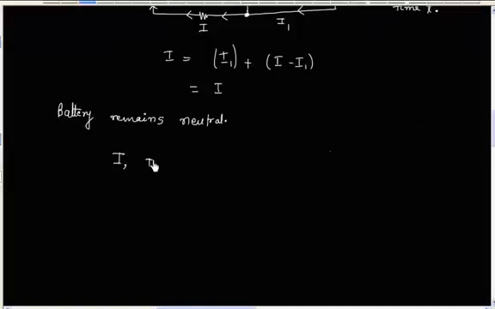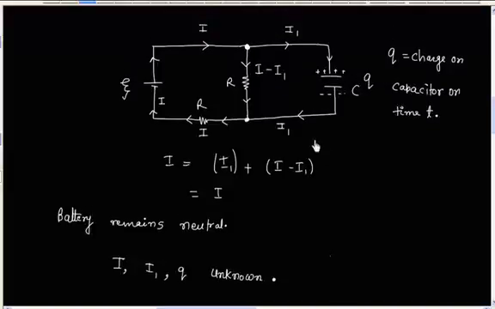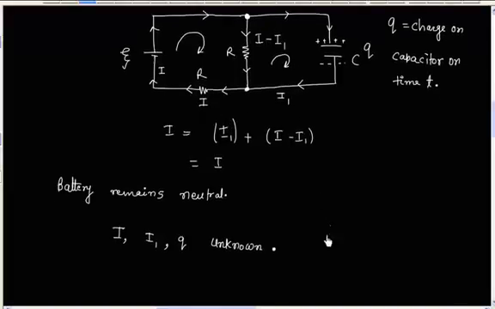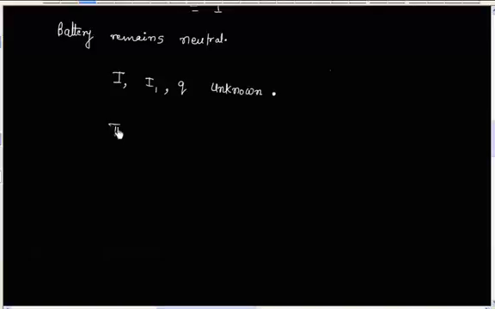I is unknown, I1 is unknown and charge Q is unknown. So we need three equations to solve these unknowns. Basically we can write three equations. One equation we can write in this circuit, another equation we can write in this circuit, and the final equation we will have is I1 equals dq by dt.